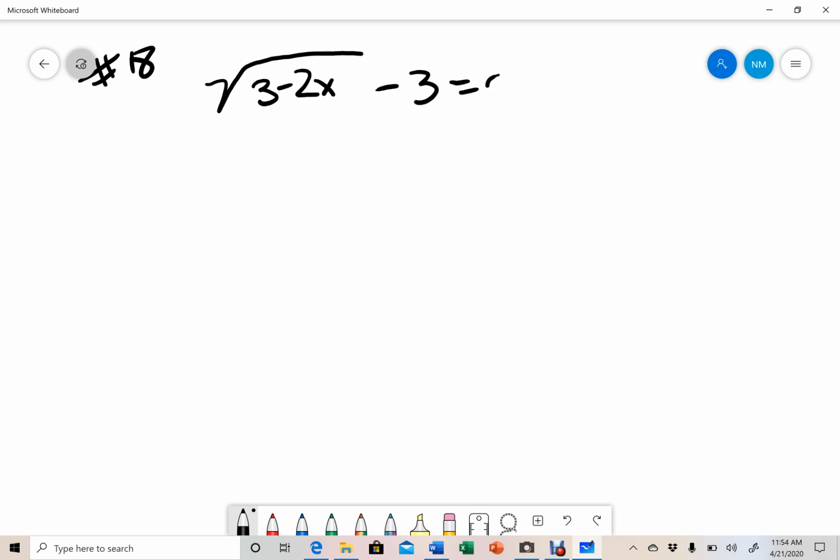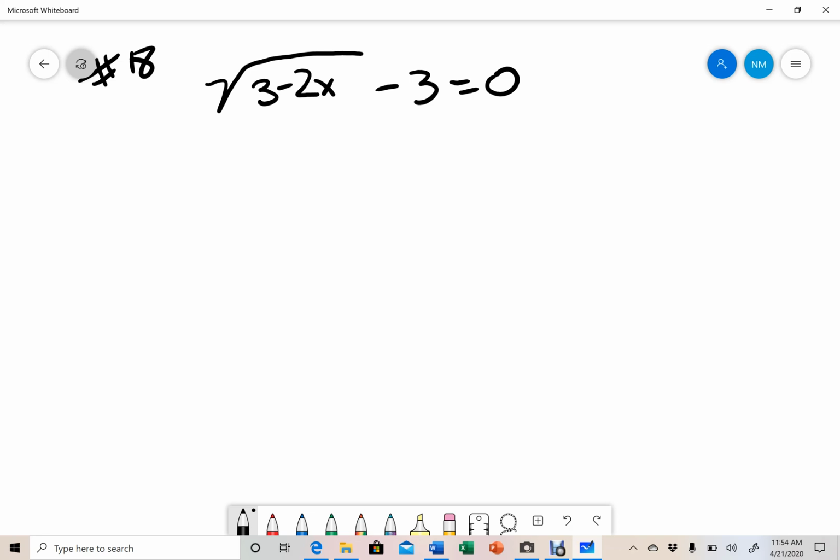Again, we're solving equations here. Okay, so let's say I have, and this is for number 18, the square root of 3 minus 2x, minus 3 equals 0. Now here, the first thing we're going to do is isolate our square root, because the idea here is we want to get rid of our square root.